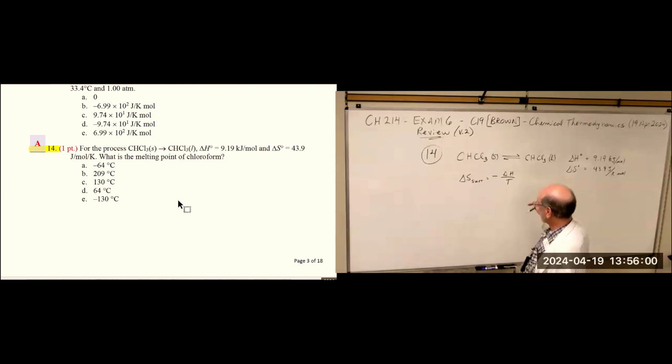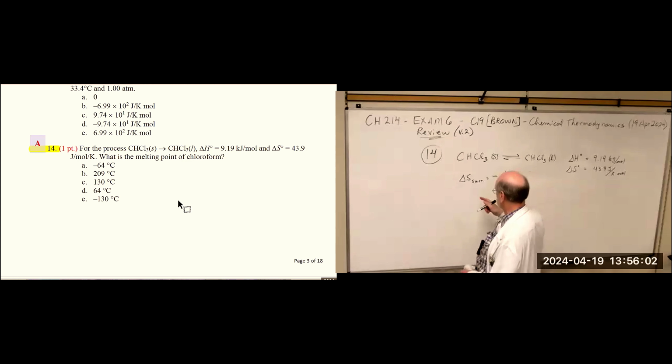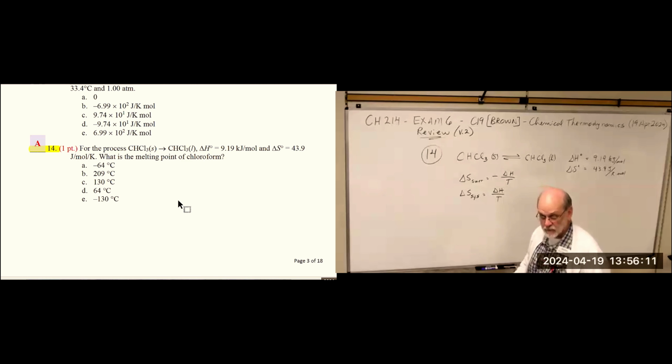At equilibrium, we can say also that delta S for the system is equal to the positive delta H over T. We can do that for equilibrium, because there's no exchange between the system and surroundings.